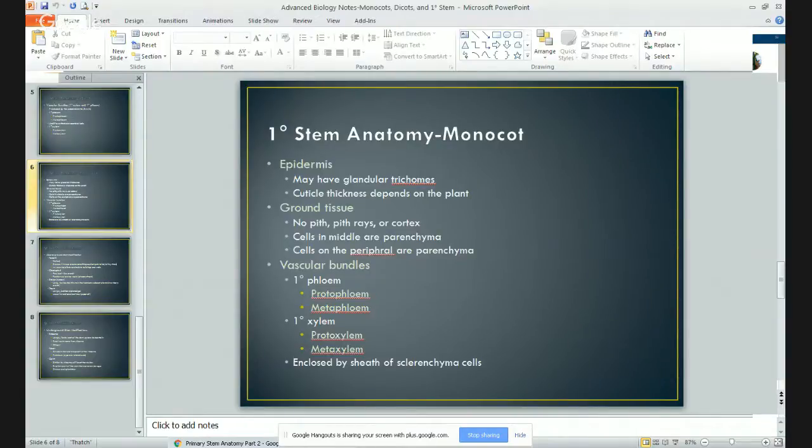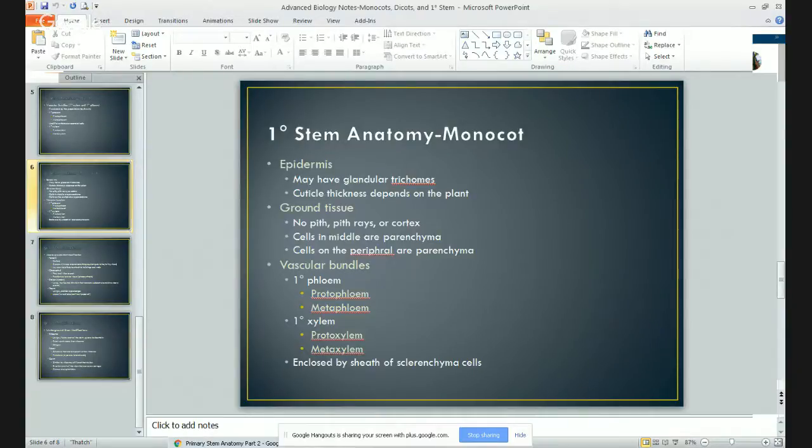On the back side, I've just oriented some cells here to remind you about the intercellular space where water can sometimes come into your stem. So in between the cells. Okay, so your monocot stem.